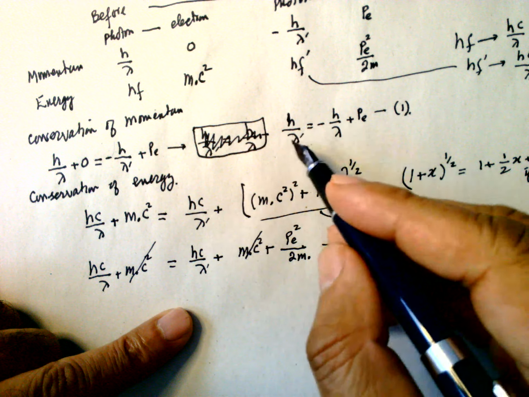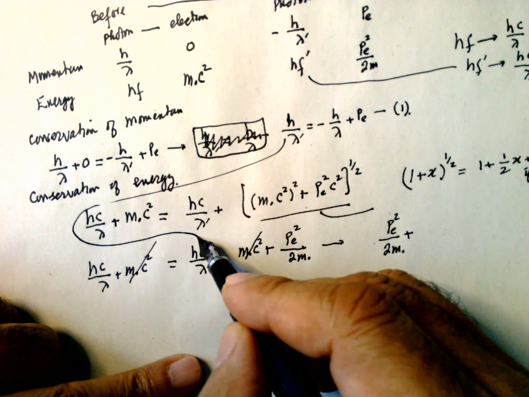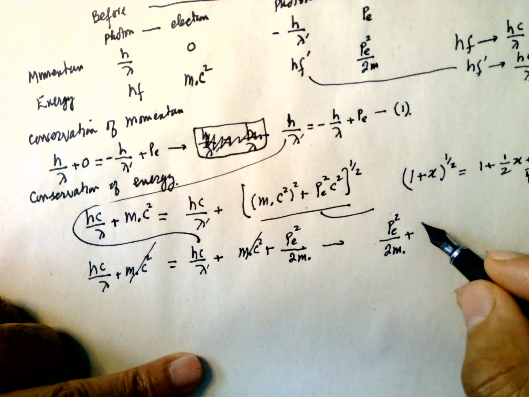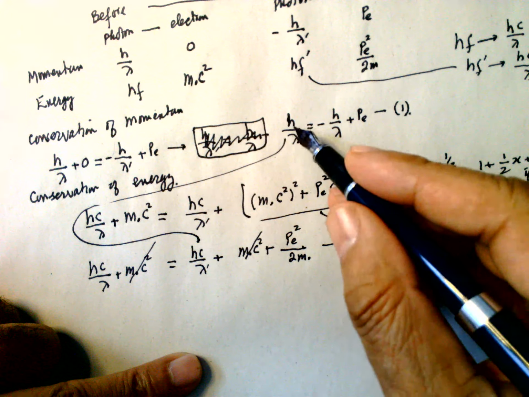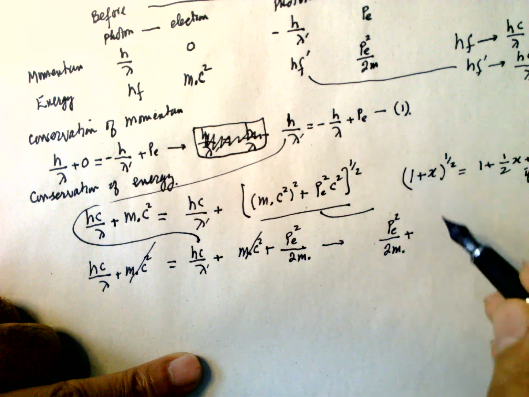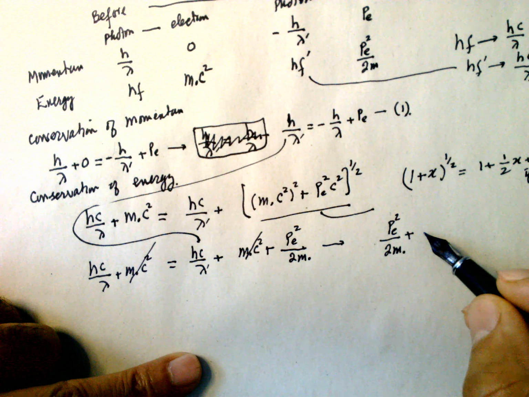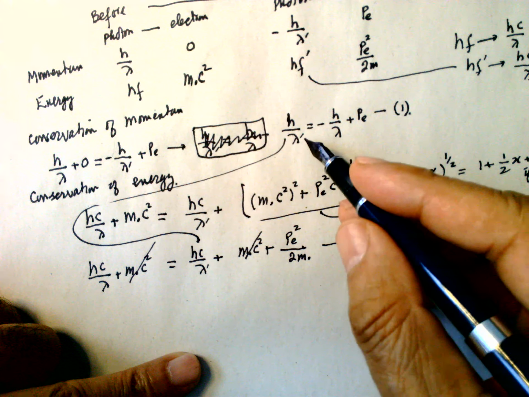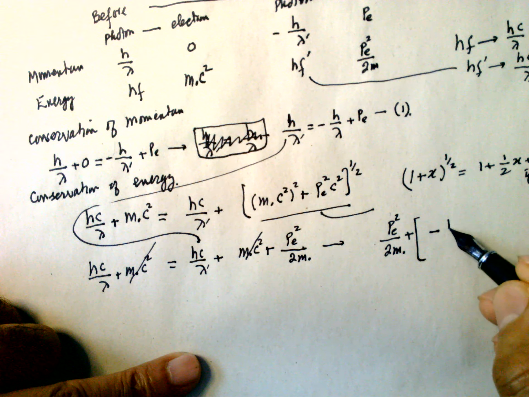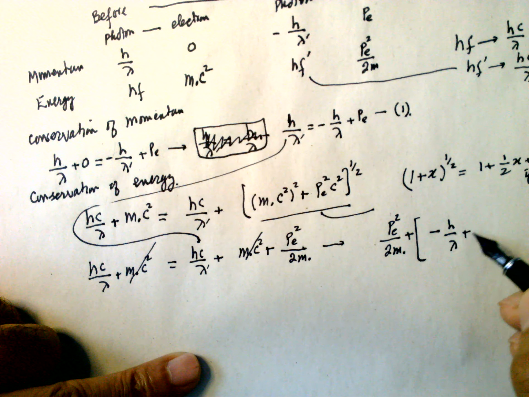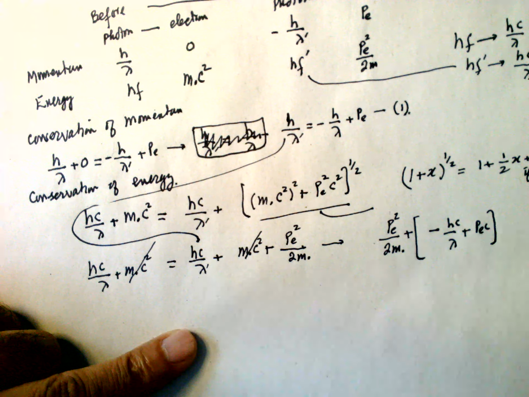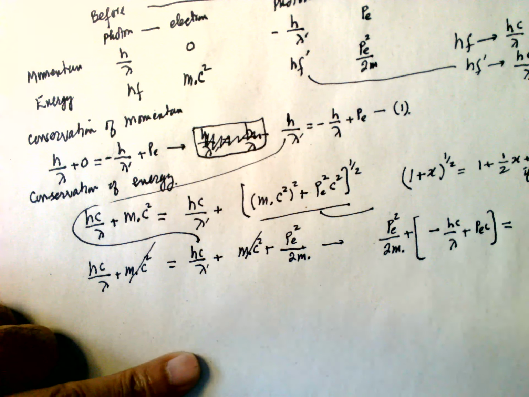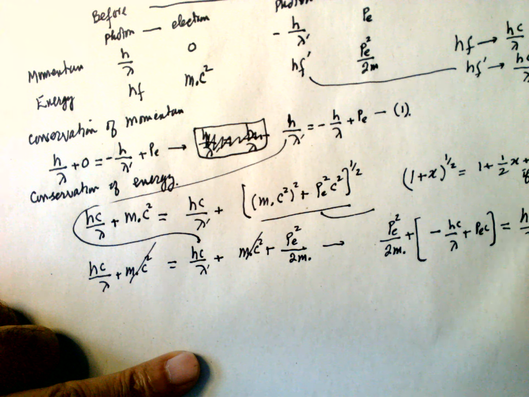For the term hc over lambda dash, we can use equation 1 here, multiplied by c: minus h over lambda plus pe, multiplied by c, is equal to hc over lambda.